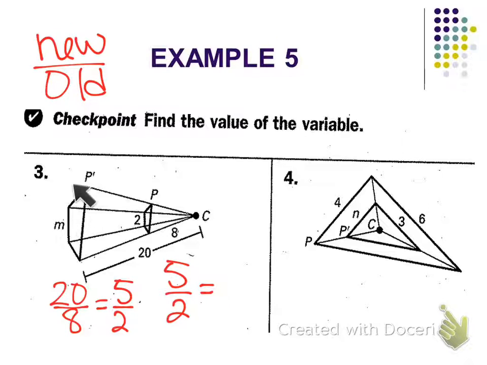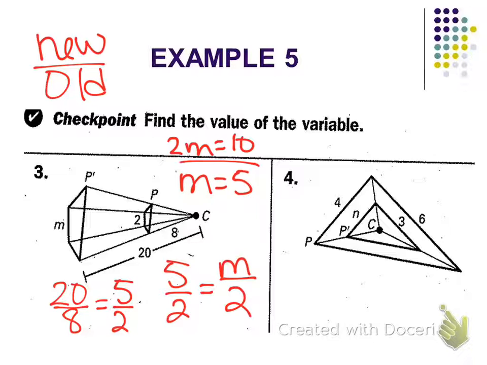What side are we looking for from our new figure? M. And what does it match up with from our old figure? 2. So this should be a really easy proportion to solve. What's M going to equal? Well, 2M will equal 10, and M will end up equaling 5.